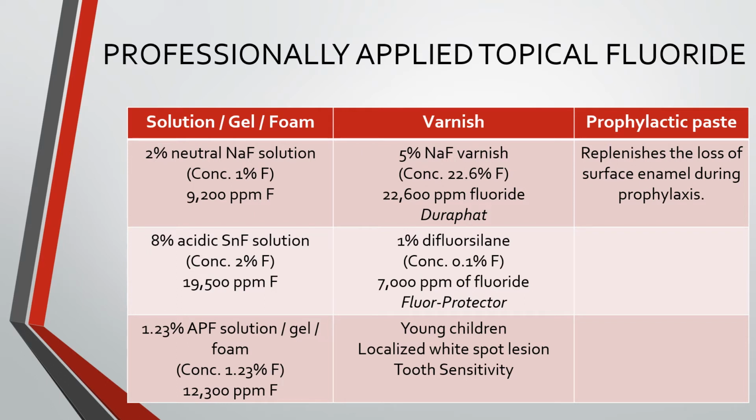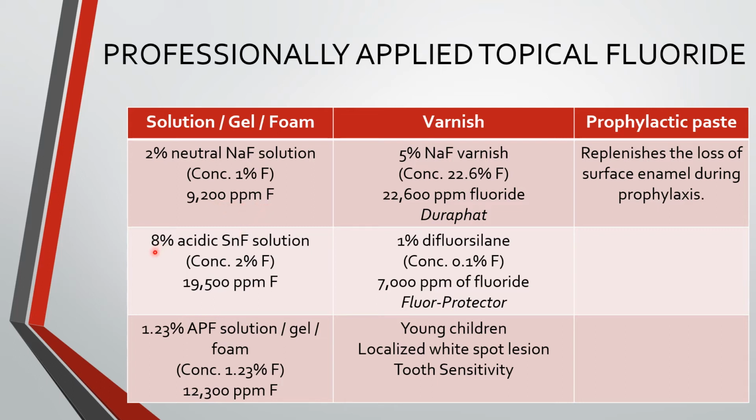So this table basically tells you what fluoride agents are available in the market for us to use, their fluoride concentration, and the product that is available. For example, we have 2% neutral sodium fluoride, which contains 1% fluoride, and that is approximately 9,200 parts per million fluoride.